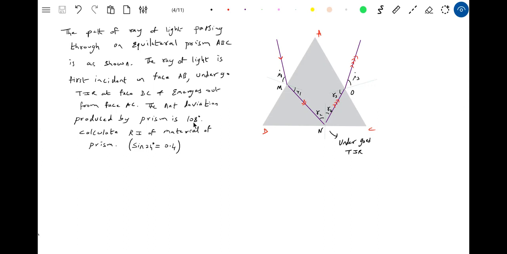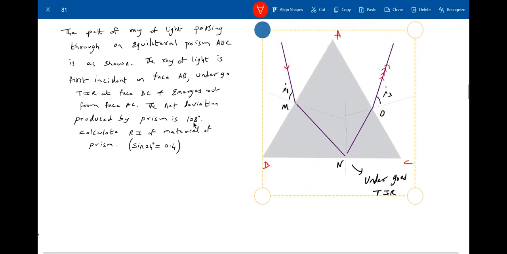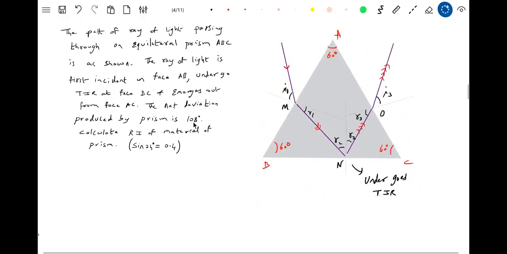Okay, let's get into some relationship between the angles. Now, it's an equilateral prism, so this angle is 60 degrees, 60 degrees, 60 degrees. Let me expand the diagram so you can see all the things.